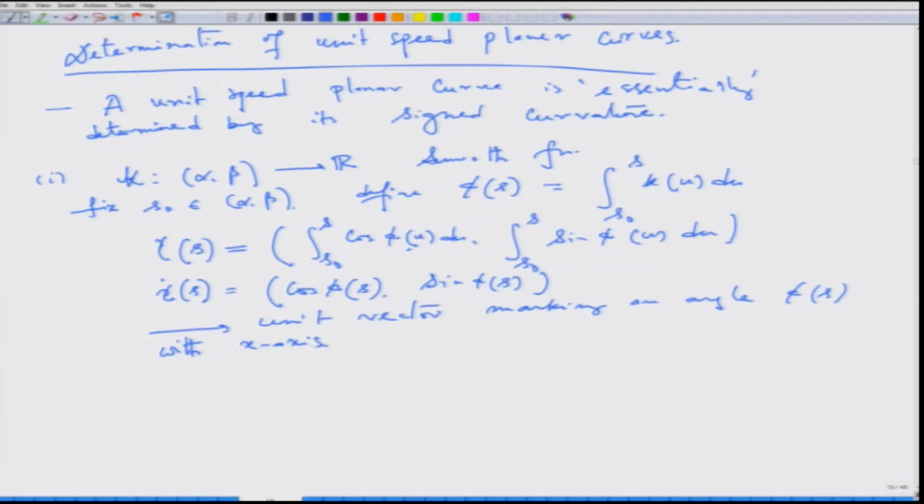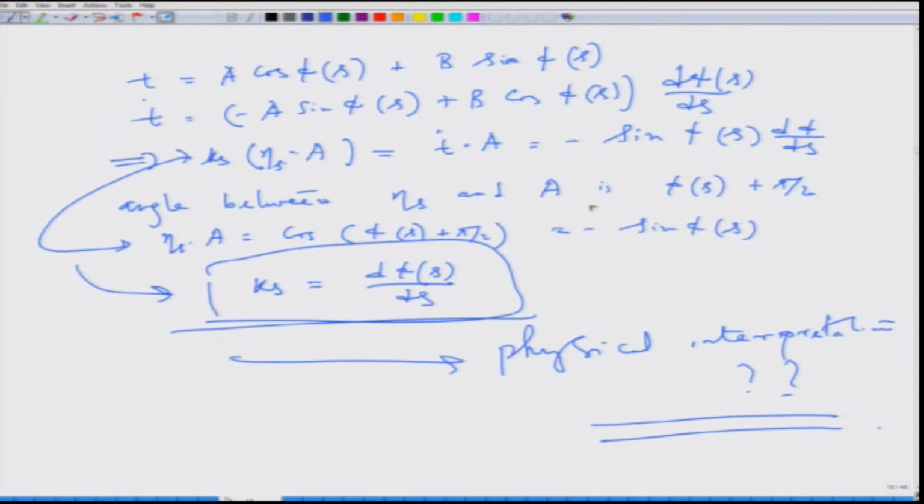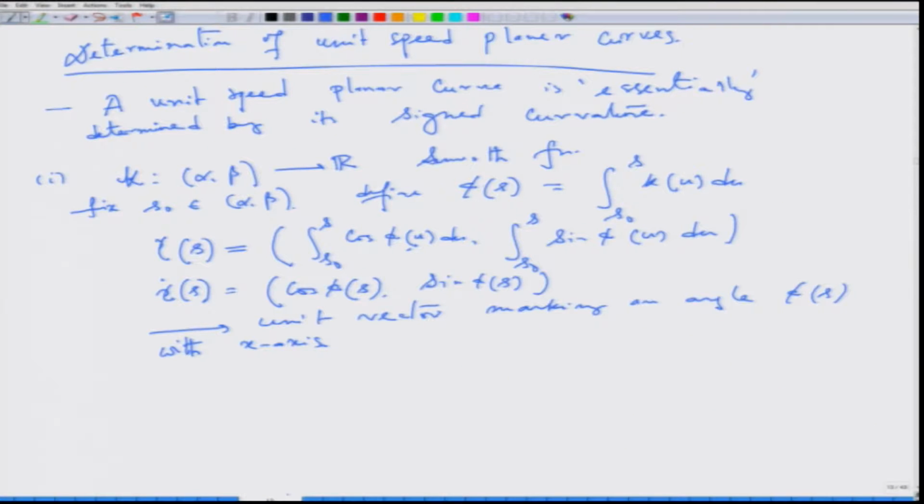Now, from the previous page, the sign curvature of gamma is k s, because this is the vector cos phi s, sin phi s.